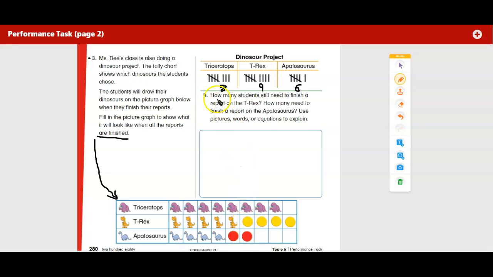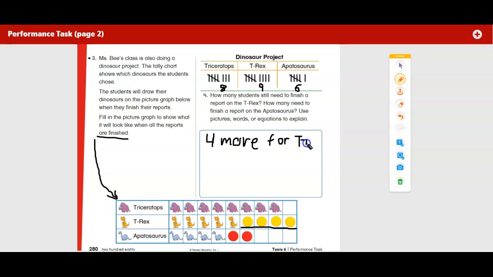Our chart would help us answer question number 4. It wanted to know first how many students still needed to finish their report on the T-Rex. We had to fill in 4 spaces on our T-Rex chart. We could say that 4 more T-Rex.